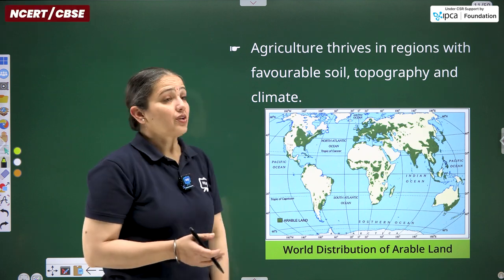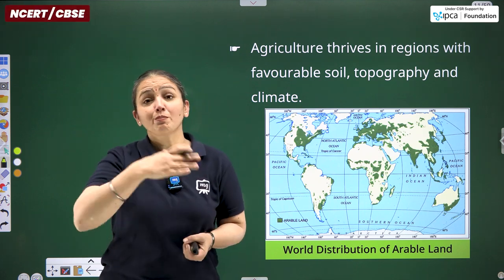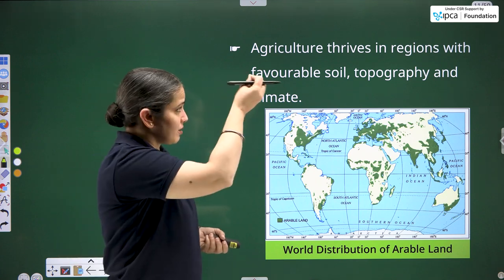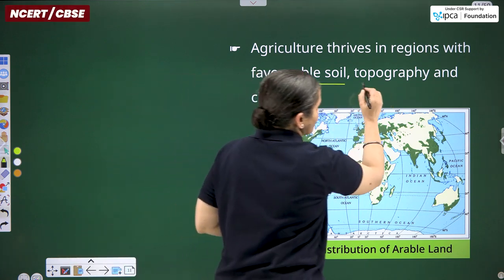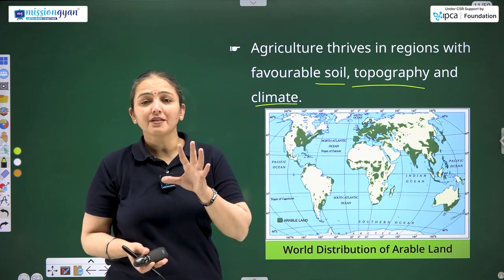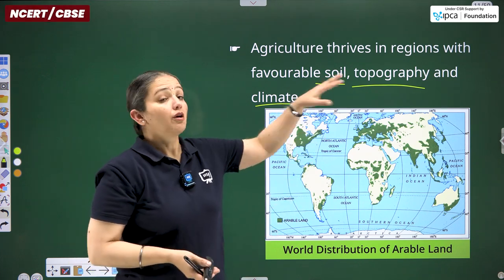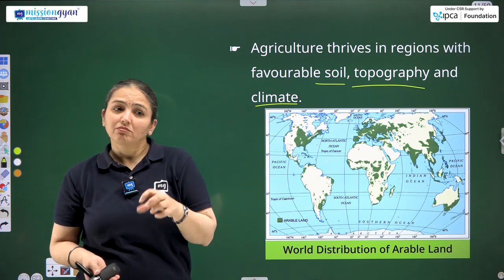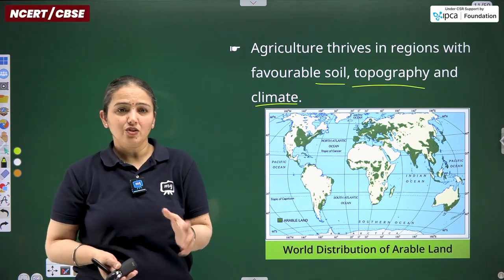Then agriculture thrives. Thrives means agriculture is practiced in regions with some basic features: soil, topography and climate. It means agriculture depends on basically three features. Soil: fertility of the soil is the major factor that affects agriculture prominently.